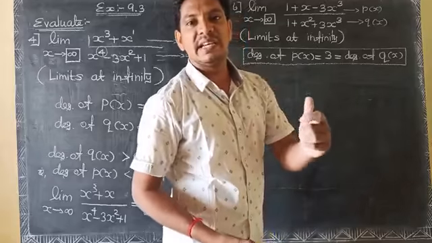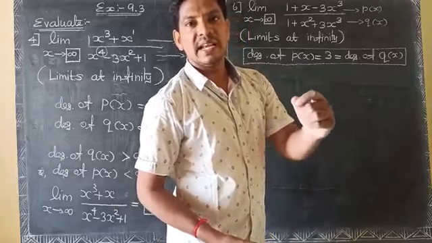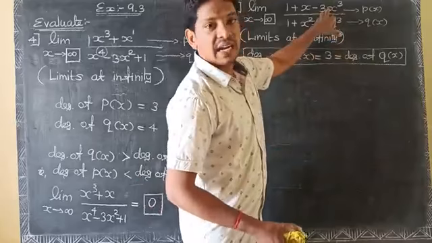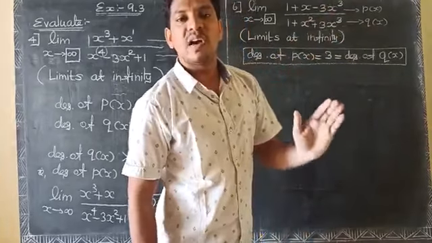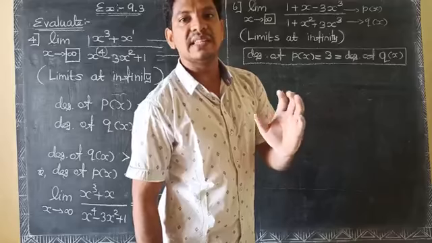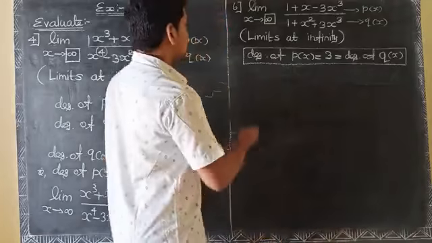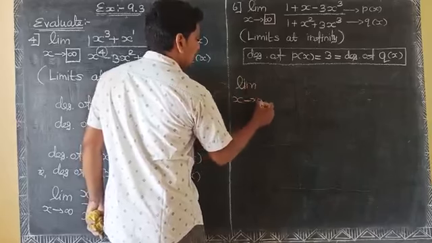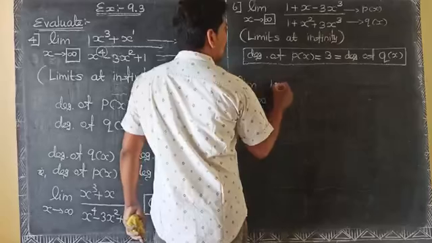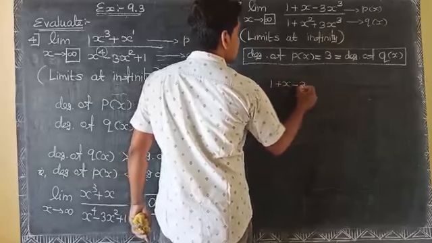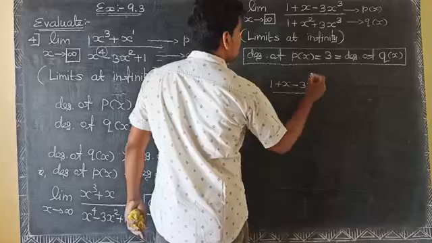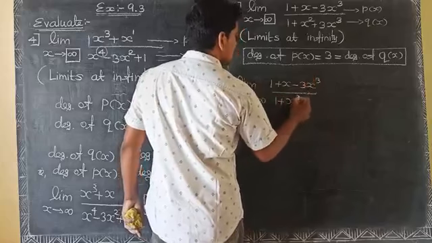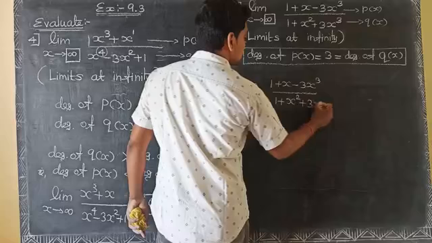It is the coefficient of the highest degree of x in p of x divided by the coefficient of the highest degree of x in q of x. That is, the limit as x approaches infinity of 1 plus x minus 3x cube divided by 1 plus x square plus 3x power 3.